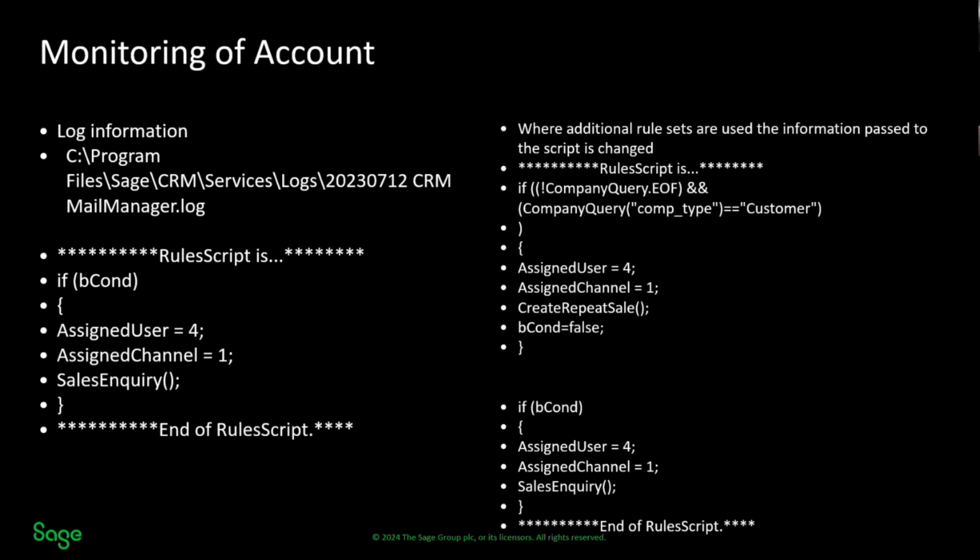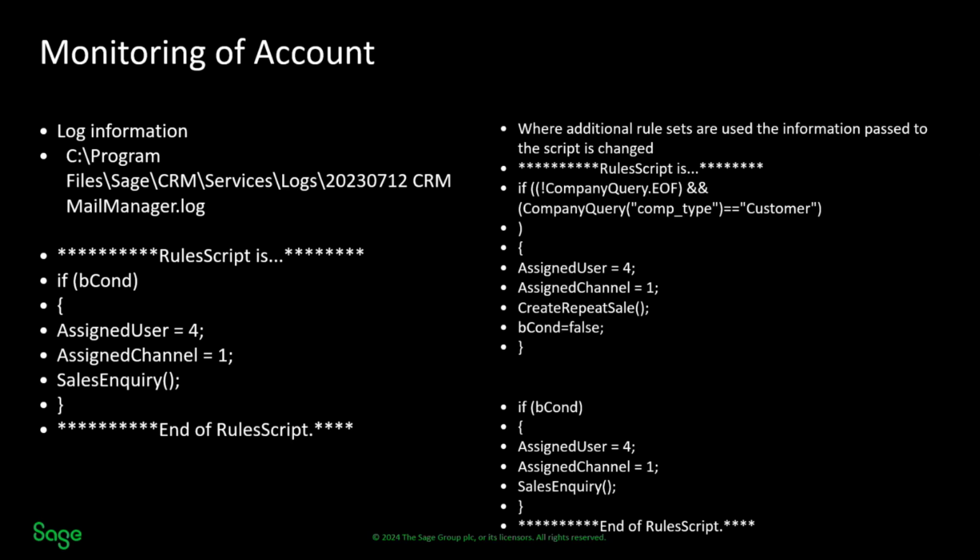And in terms of when we come on to the monitoring of the files, when you start to think about where this is, you'll find all of the logs underneath the program file Sage CRM services logs.